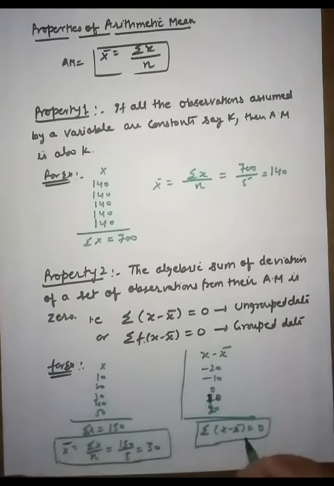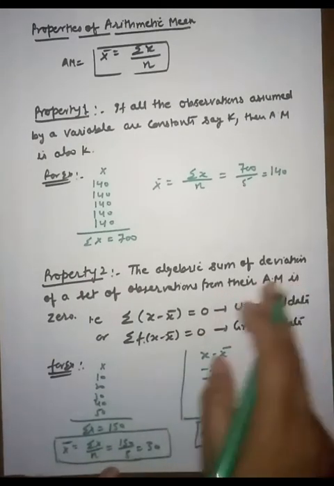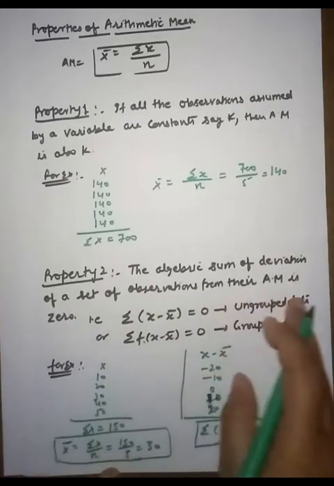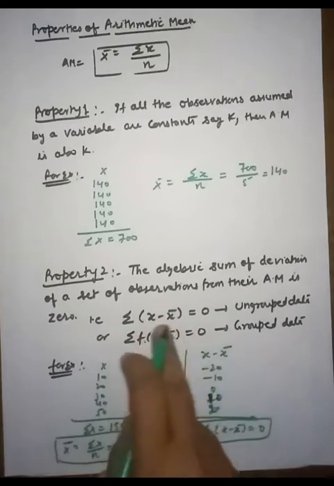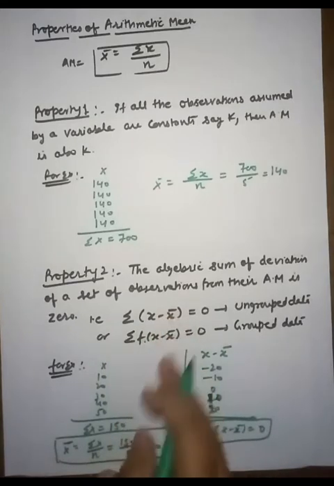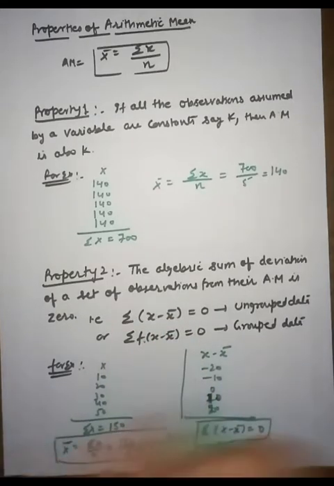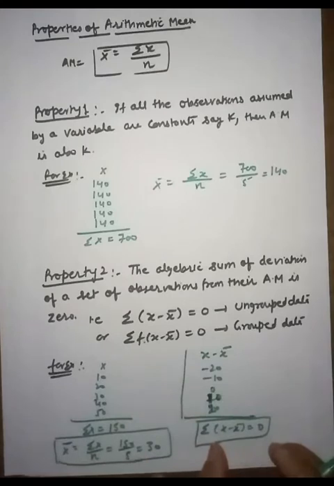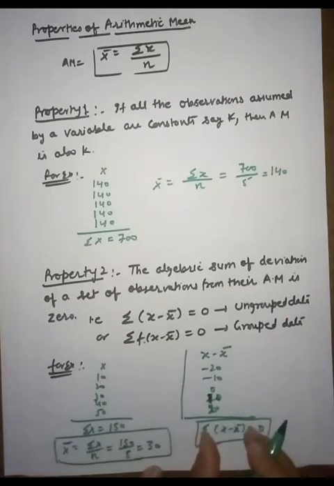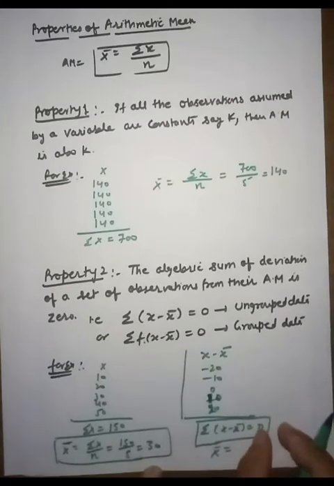Right? So this is property 2. The algebraic sum of deviations of a set of observations from their arithmetic mean is 0. So whenever you take the arithmetic mean and subtract it in deviation form, their sum is 0.